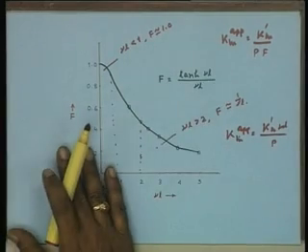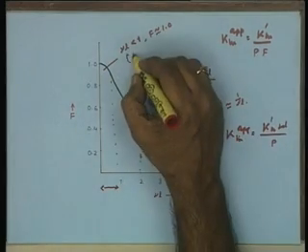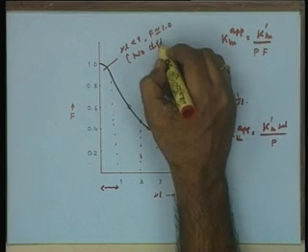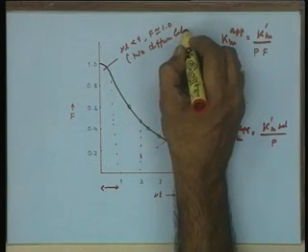Now if you look at the higher value of gamma, under what conditions... We have seen that when gamma L is less than 1, f is approximately equal to 1, no diffusion control, essentially.